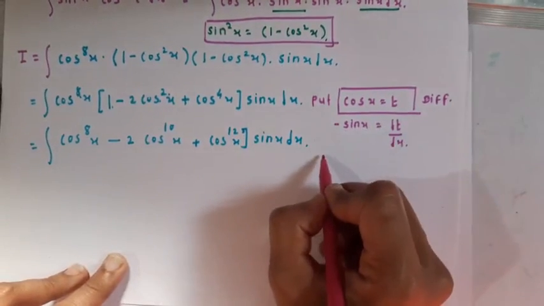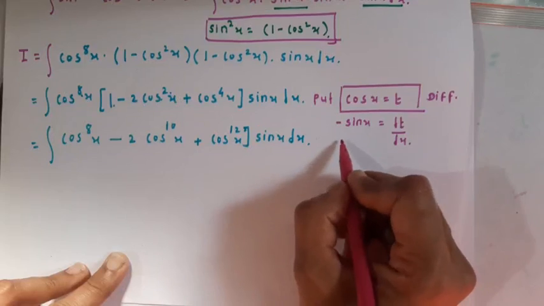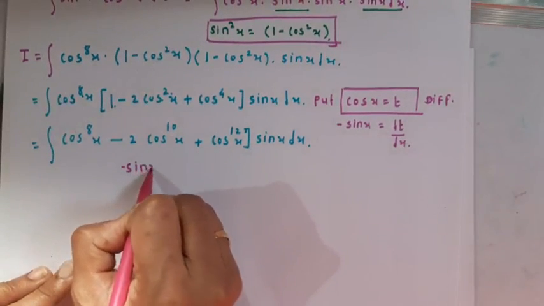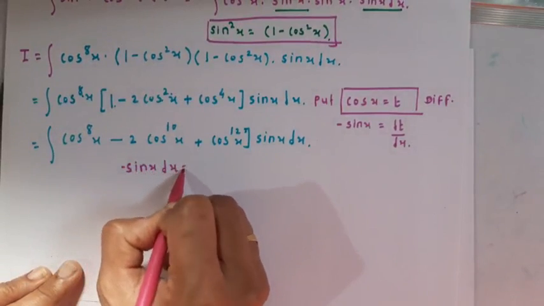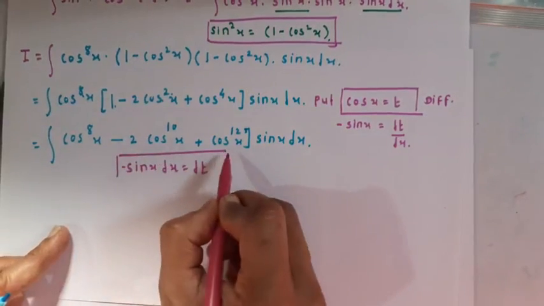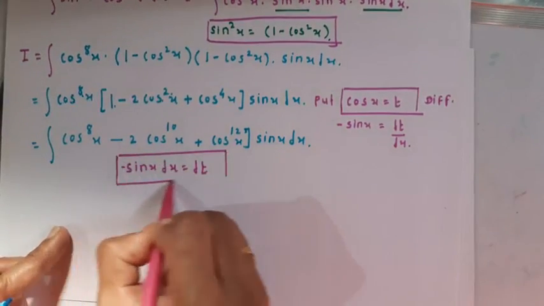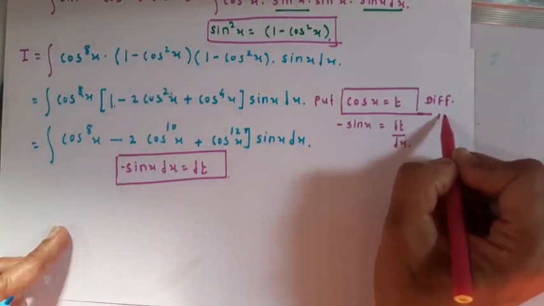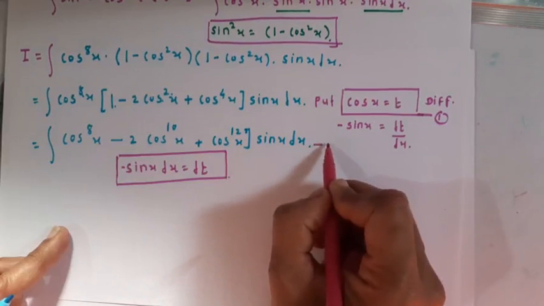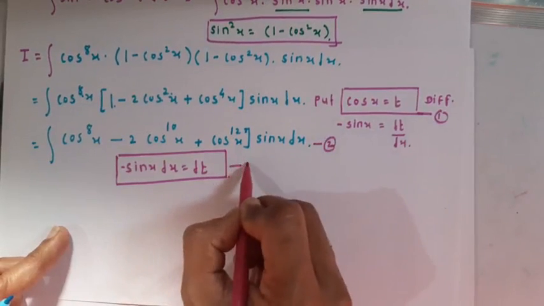This implies minus sin x dx equal to dt. Okay, put this value. Suppose this is 1, this is 2 and this is 3.